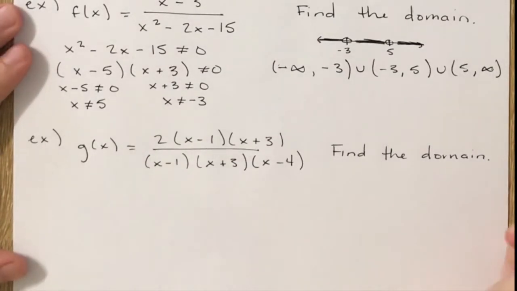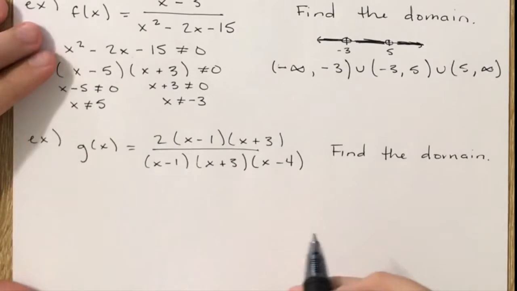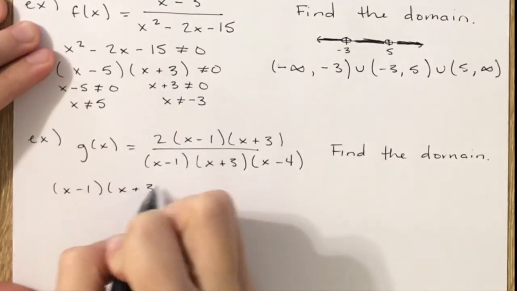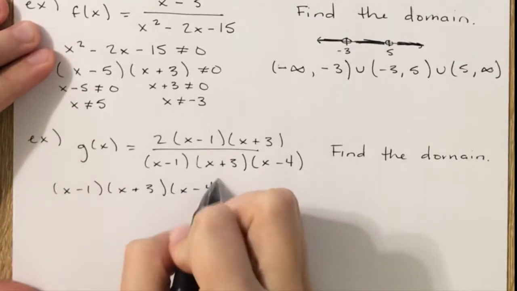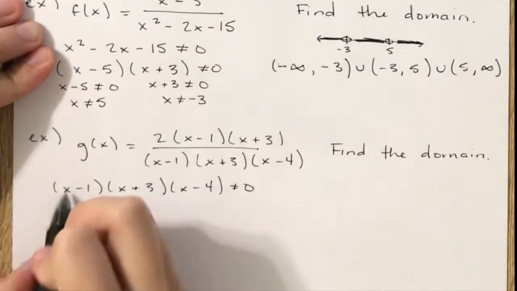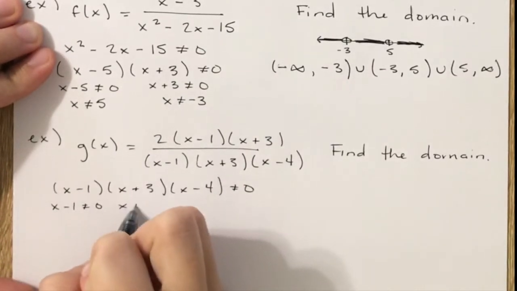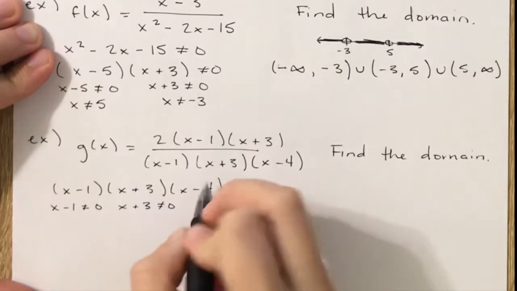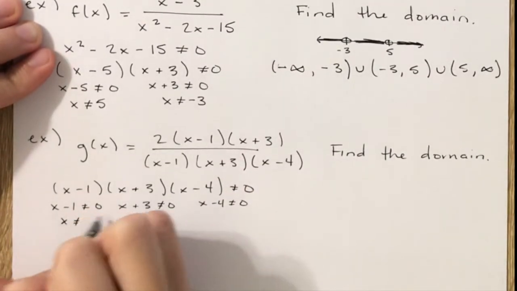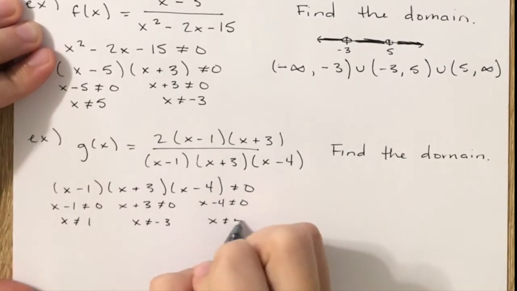Okay, again, remember we're looking for the roots of the denominator. That means we want this whole thing to be not equal to 0, which means that each of these factors we need to set individually not equal to 0. And we end up getting that x cannot be 1, -3, or 4.